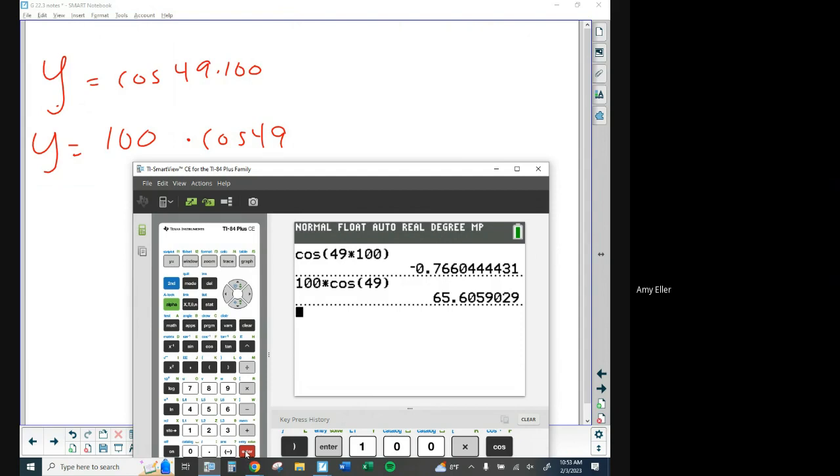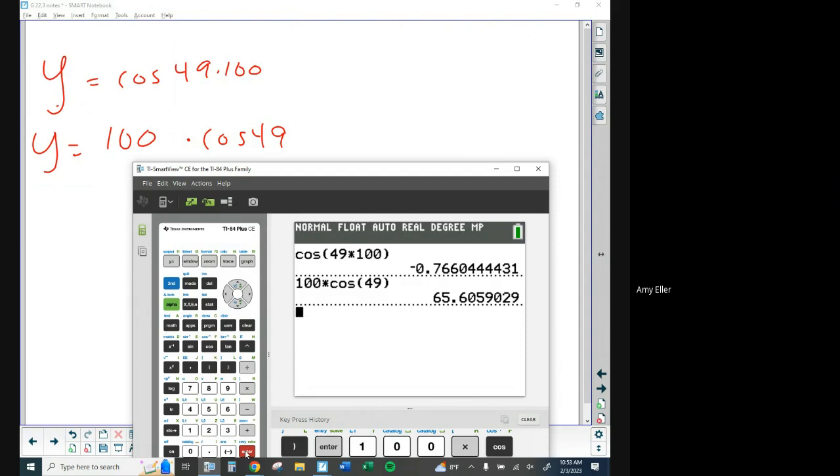They are. I did my calculator thing wrong, which is why I'm showing you, so I don't want you to do it wrong. Does anybody know what mistake I made in the calculator? Because I should get the same answer. 49. Yes. Up here, do you see how the 100 is inside the cosine?